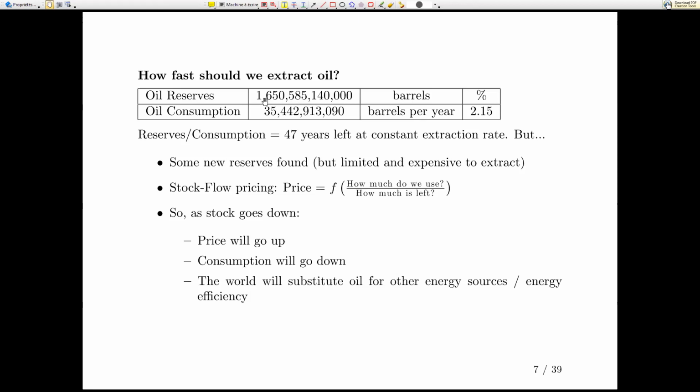Even with new discoveries, we don't discover all that much new reserves. And we consume 35 billion barrels per year. So if we divide this by this, we find that we consume about 2.5% of our reserves each year. It means that at this rate, we would be done in 47 years.